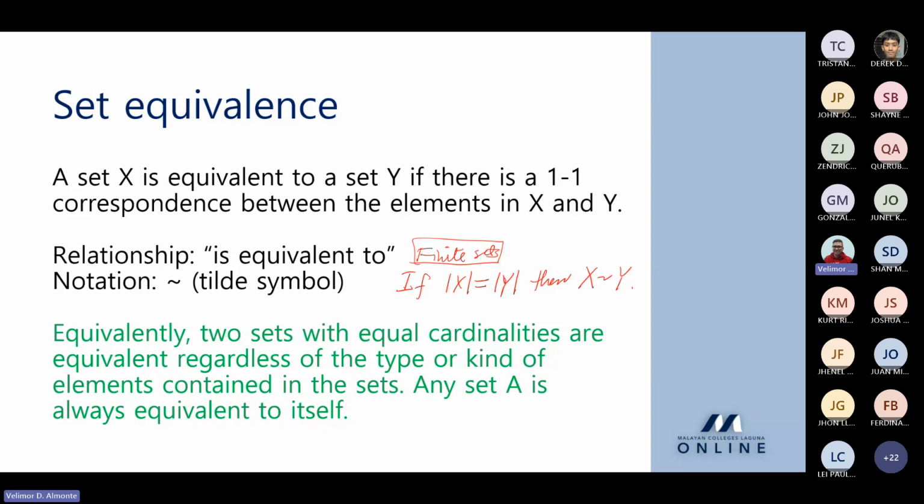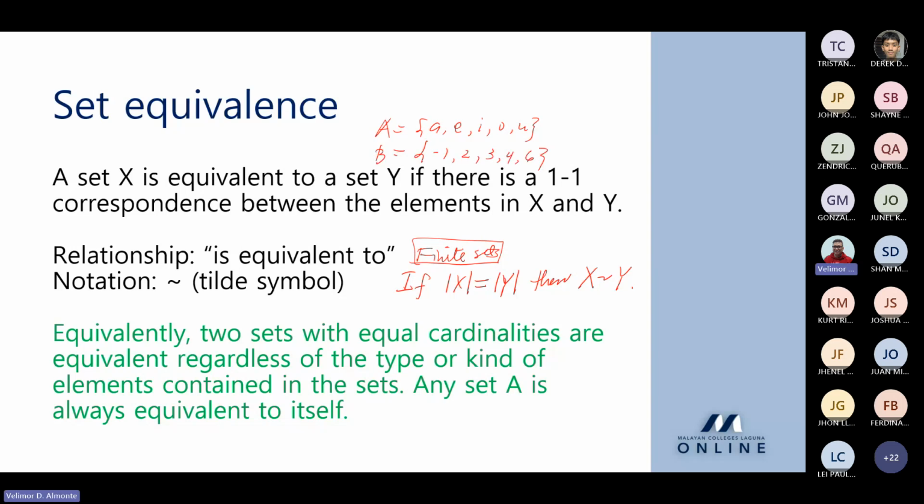Okay, so what's important here is the number of elements are the same. The kind of elements doesn't matter. So, for example, you can have set A contain letters, and then set B contain numbers like that.